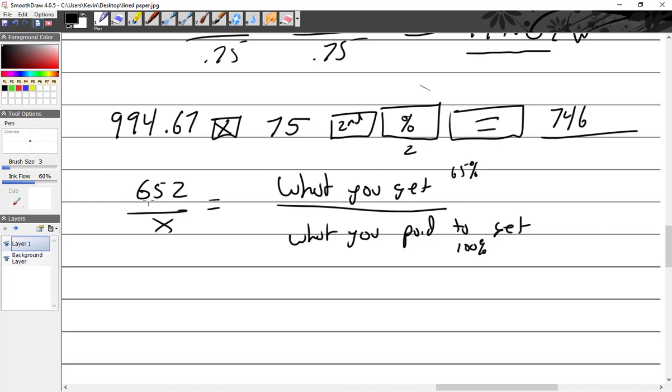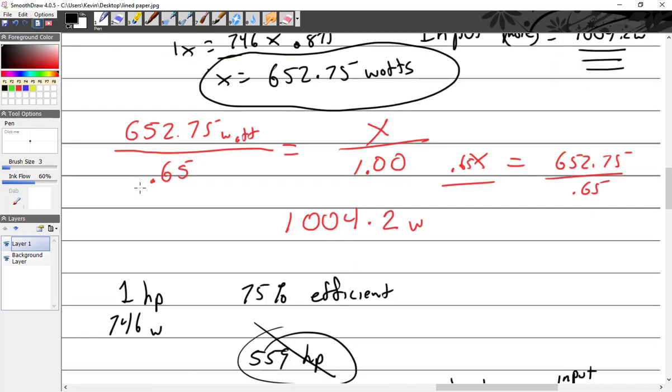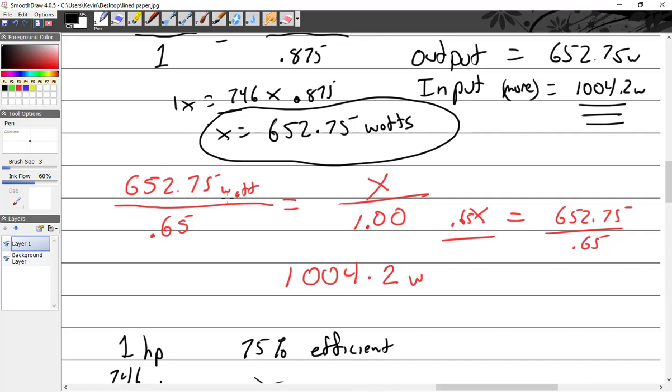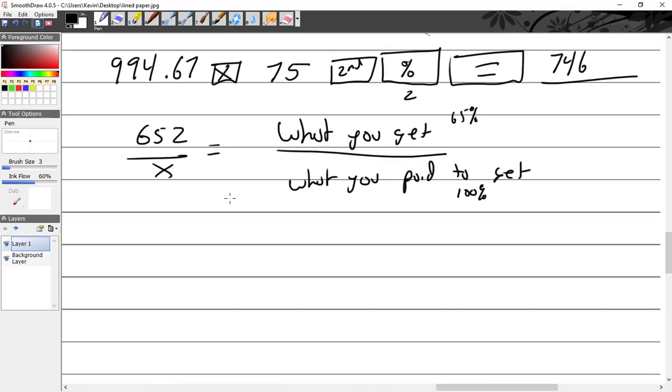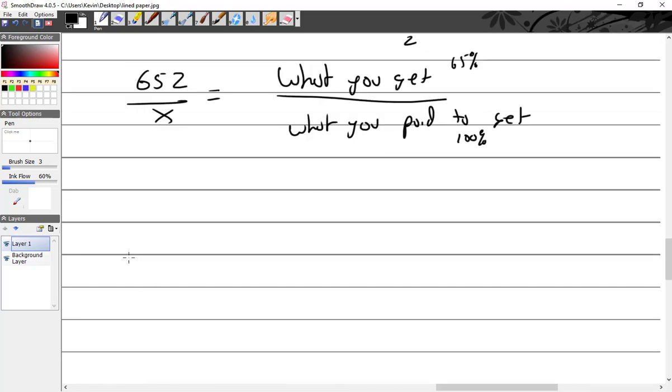So you remember where we got the 652 from? That was from the original question. We got 652 watts. Another way of saying that is we could say wattage output. That's what we want. I'm making this up on the fly here.